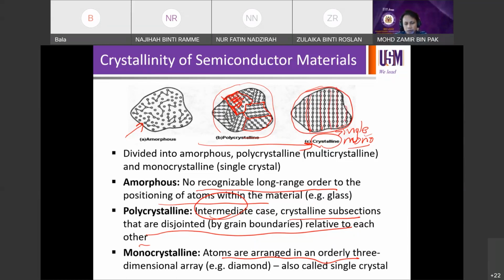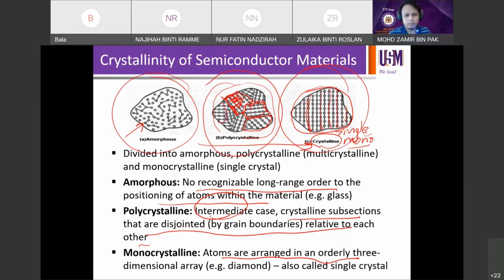So that's why we call it a single crystal or monocrystalline. So the most scattered one, no crystalline arrangement at all, is amorphous. The most periodic one, the most arranged one, is called a single crystal or monocrystalline, there's no grain boundary at all. And the one in between, where you have single crystals separated by grain boundaries, is called polycrystalline.